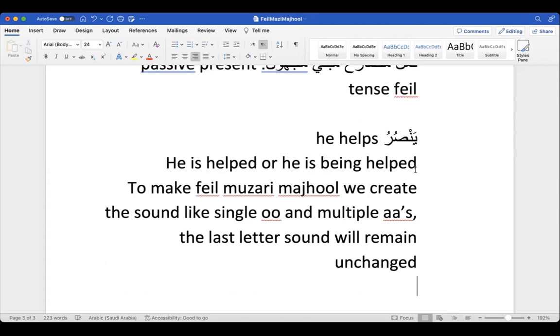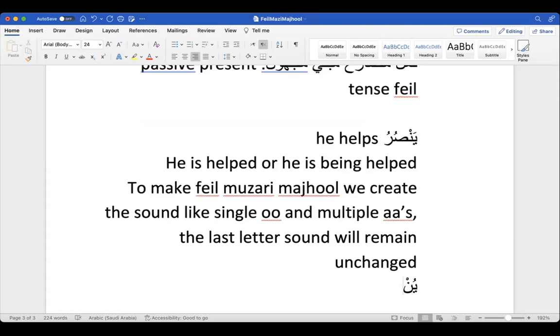So in this case, what will happen? If you take the yansuru, what will happen to it? You create a U A sound, right? So you'll have Yunsaru. So you'll have one U and multiple A's. The sukoon will remain the same.